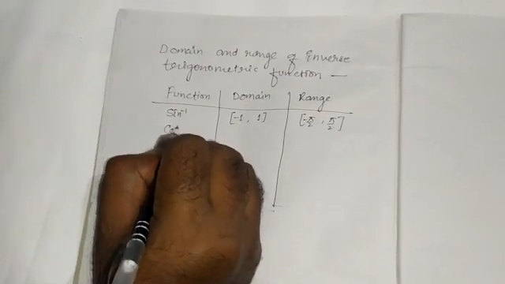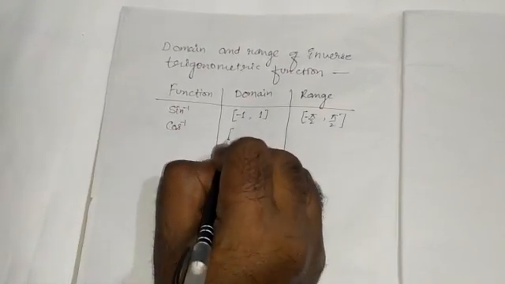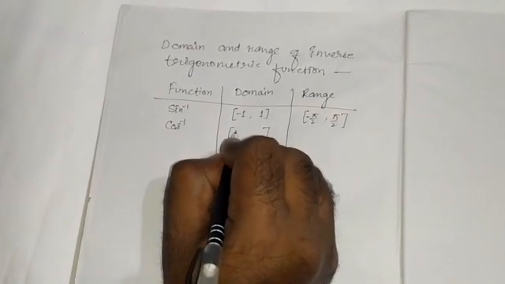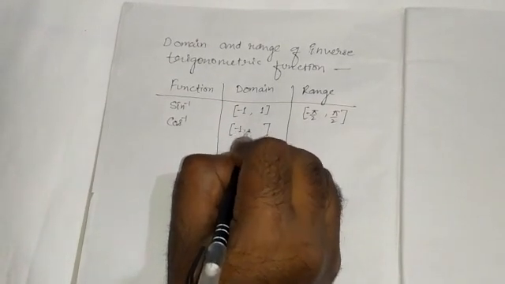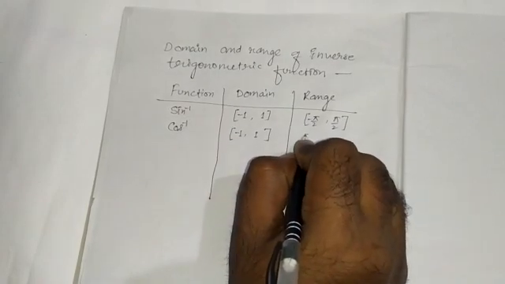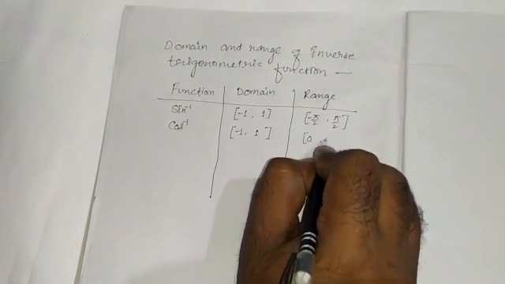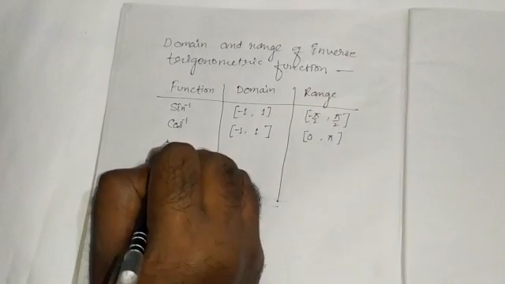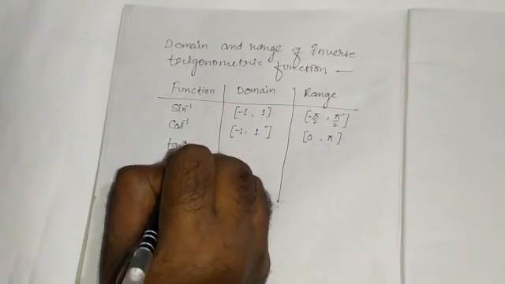The second function is cos inverse. The domain will be the same as sine inverse: the closed interval -1 to 1, and the range will be the closed interval 0 to π. The next function is tan inverse.